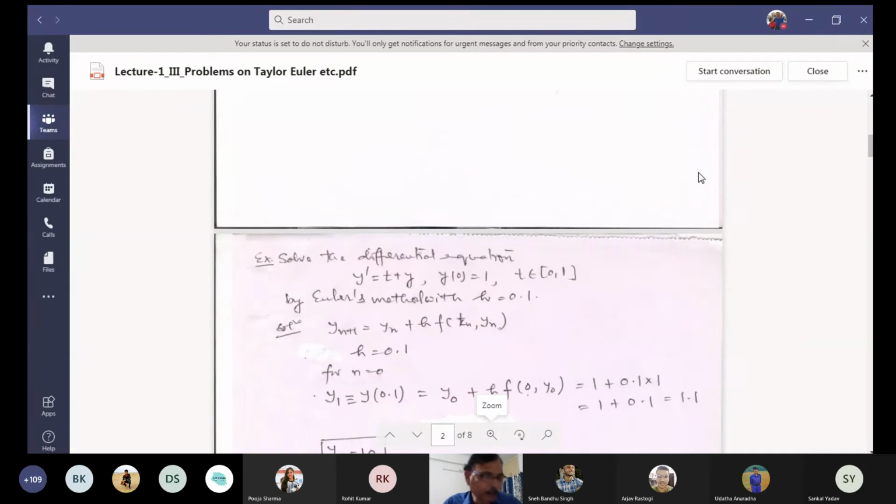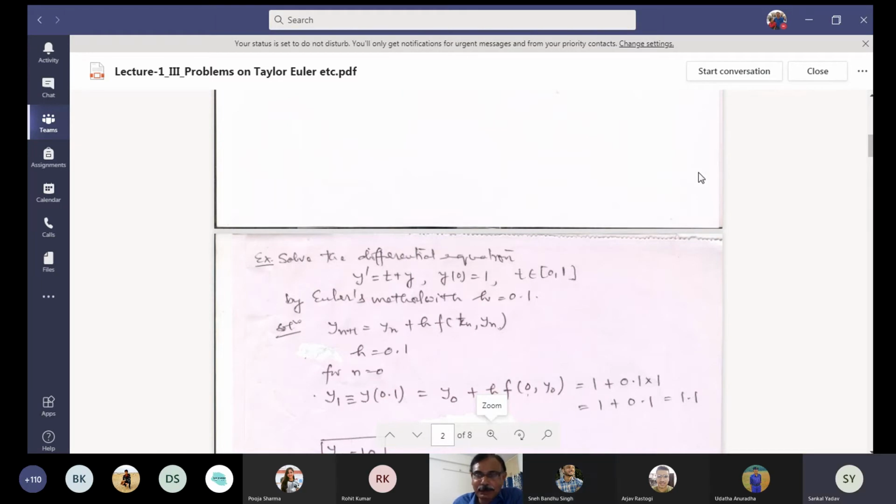But the backward Euler method is an implicit method. So two things we have seen: one, single step and multi-step methods; second, explicit and implicit methods. Is that clear? Yes, sir.